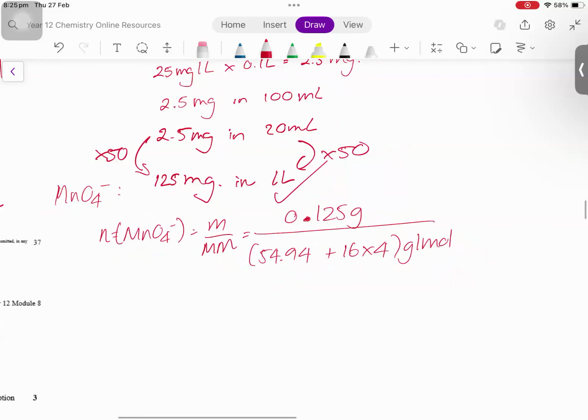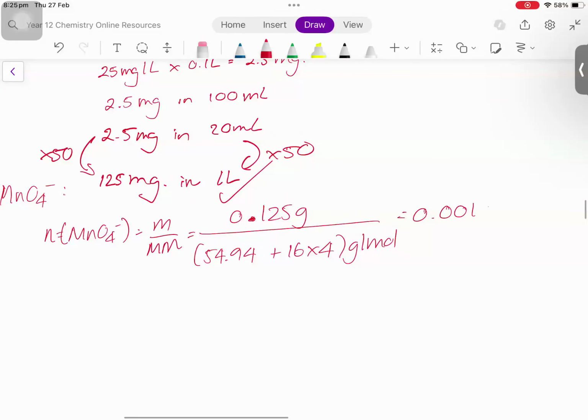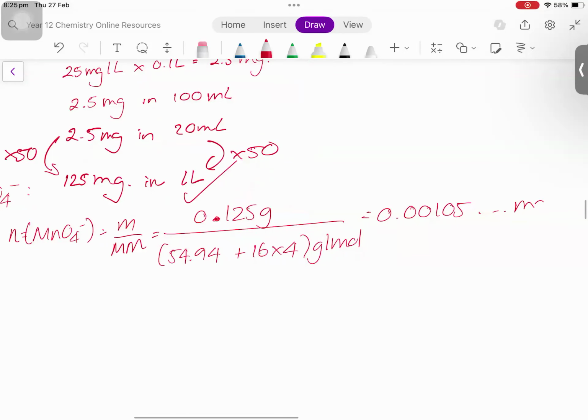Okay. And then plus 16 for each oxygen, and there's four of them. What is the number of moles of the permanganate, MnO4 minus? 0.00105 mole. And then I can relate it to the other chemical, Mn, that the question actually wants.